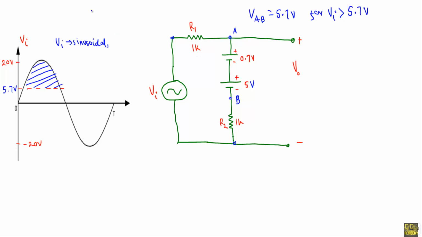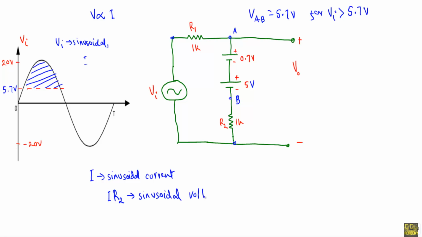Therefore, as V is proportional to I, we will get a sinusoidal current I in the circuit. As the current will be sinusoidal, the voltage across the resistance R2, which is IR2, will also be a sinusoidal voltage.